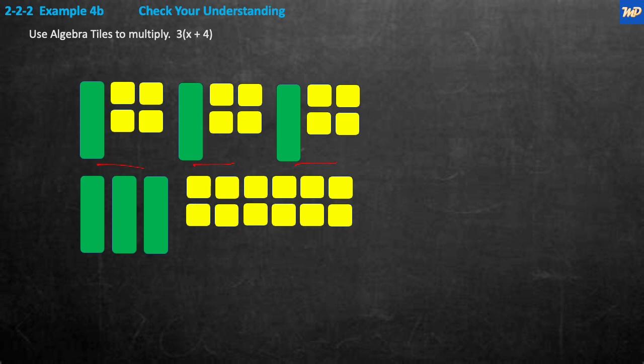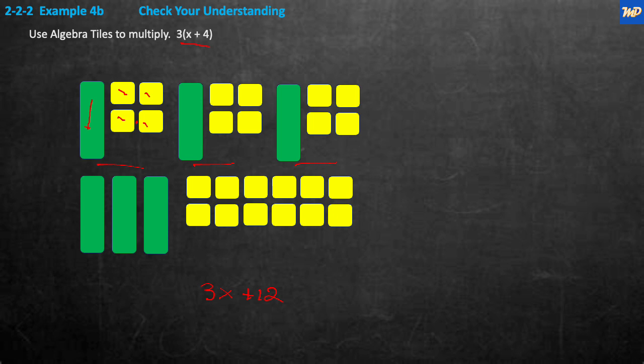Each one of these green ones is an x, okay? And then the 4 yellow are adding, it's plus 4. So we got 1x plus 4, times 3. And when we do that, you get 3x plus 12. That's what we end up with as our solution here.